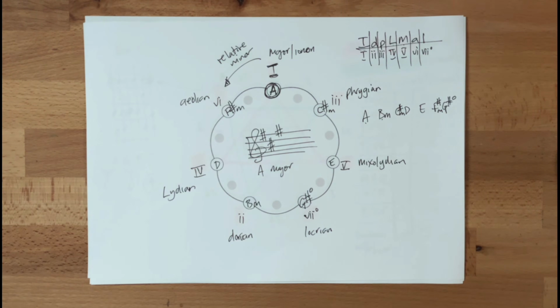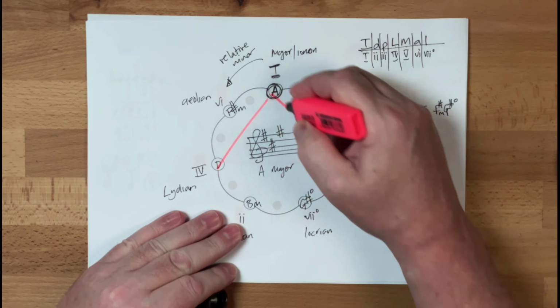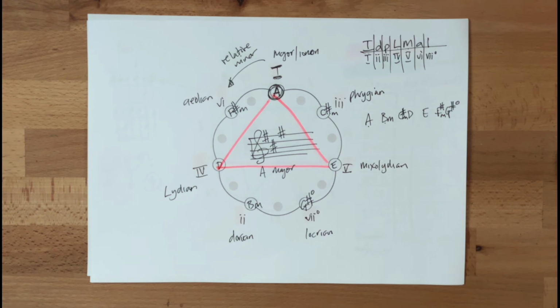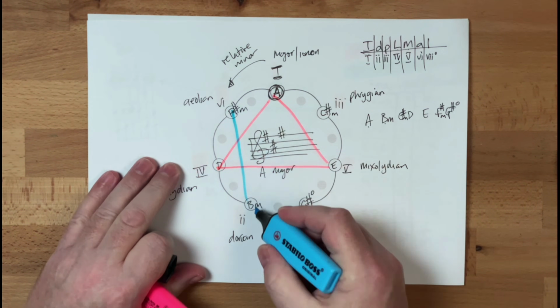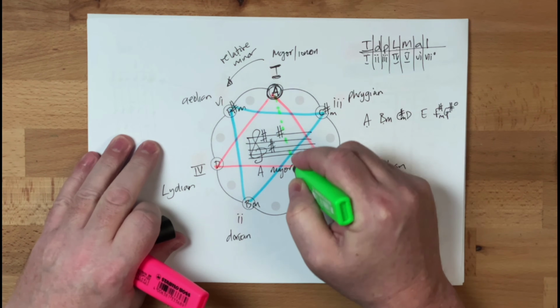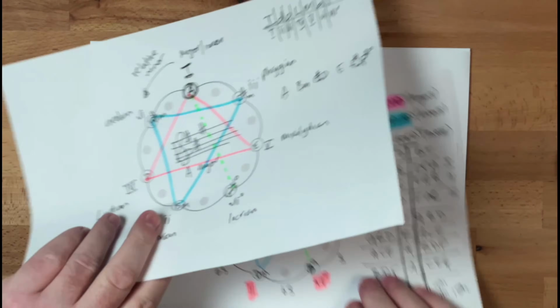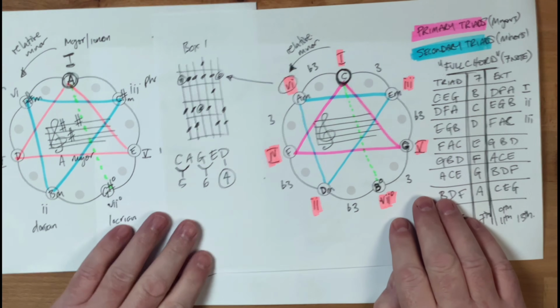And this hasn't changed. Remember what I did before here, guys. Look at this. Primary triads, same spot. They're my majors. Secondary triads, same spot. Diminished, same spot. Yeah, it's fixed. Look at those two next to each other.